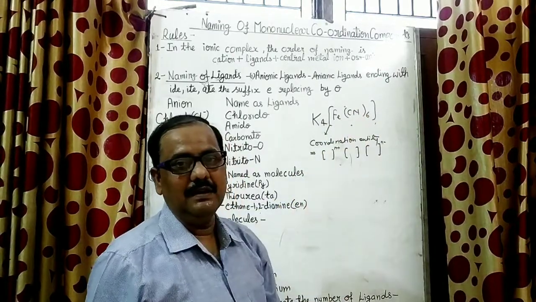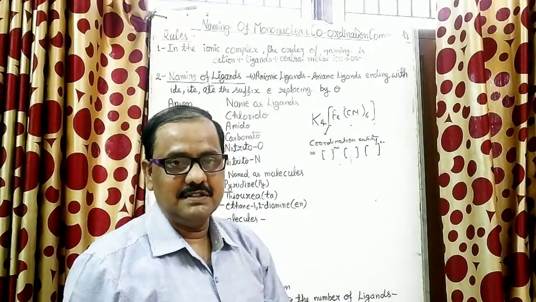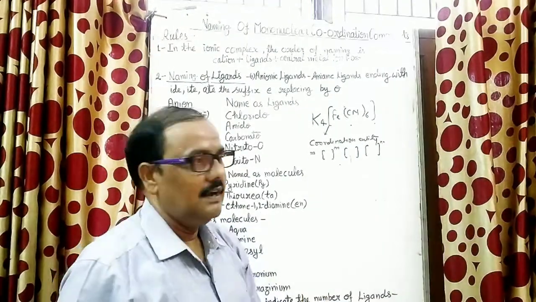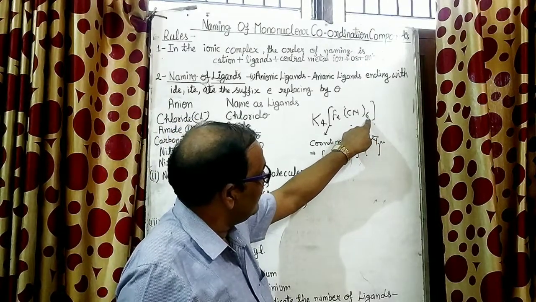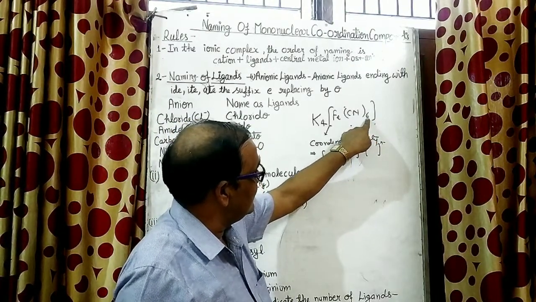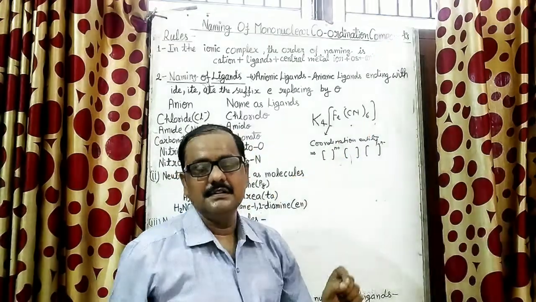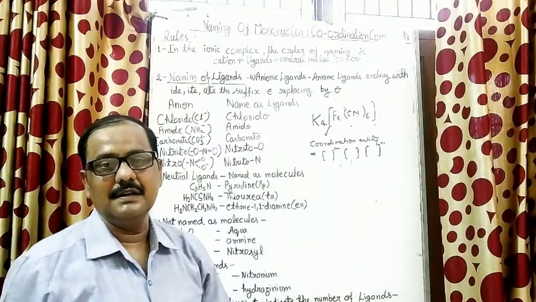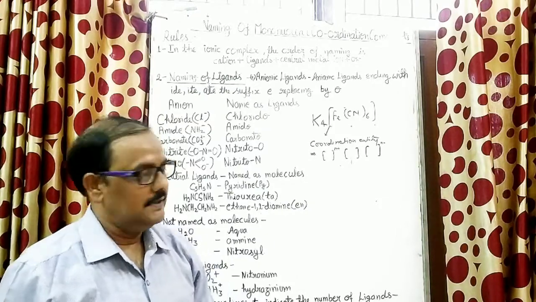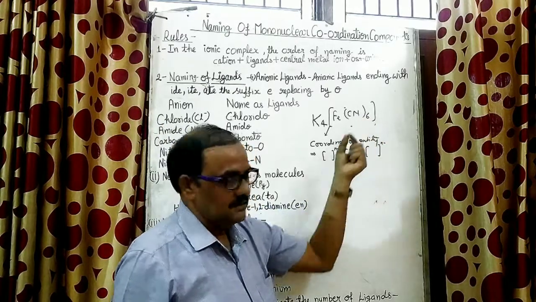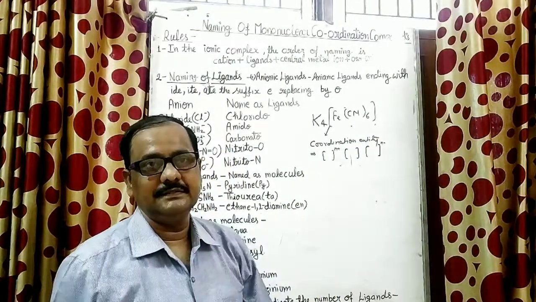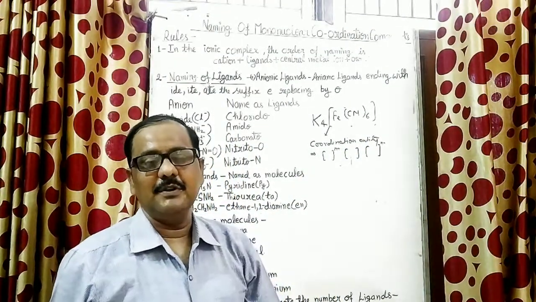Ligands may be negatively charged, neutral, or positively charged. And this number indicates the coordination number of the complex compound. And with the help of this coordination number, we can also find the geometry of the complex compound.